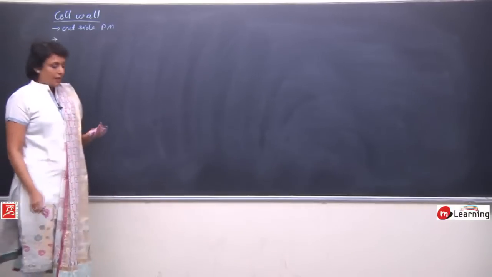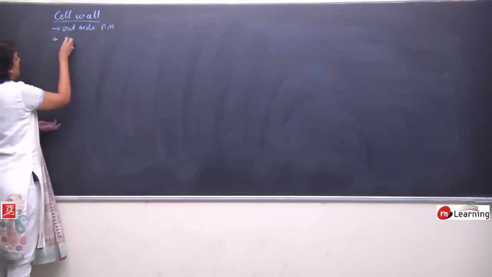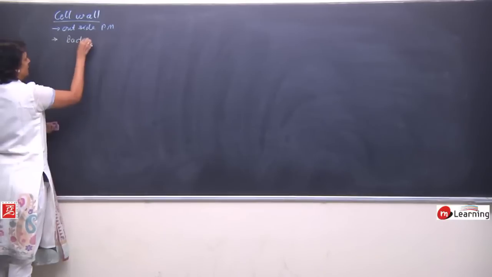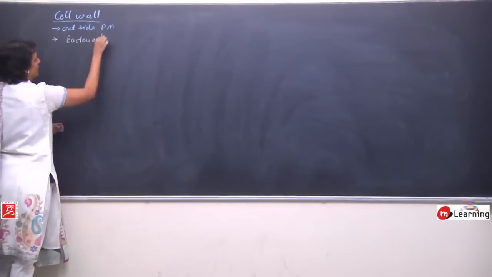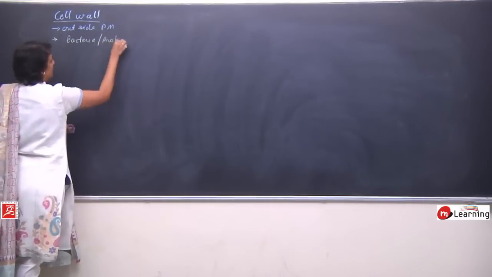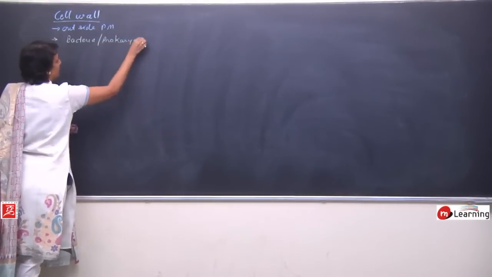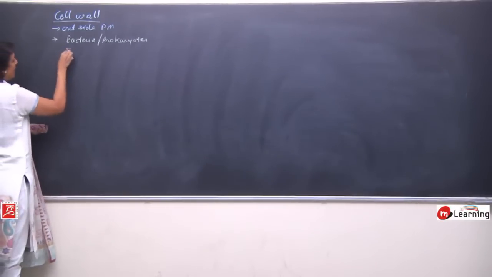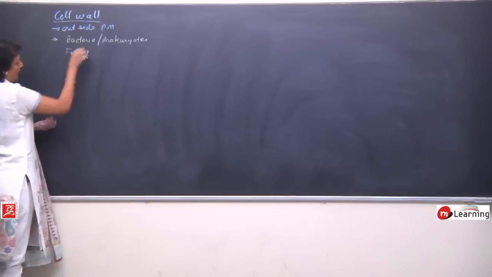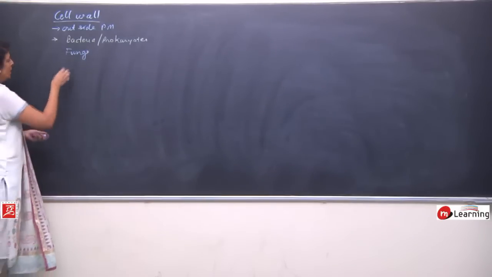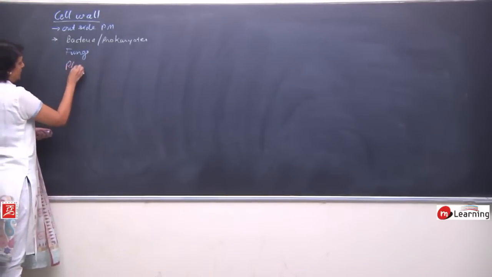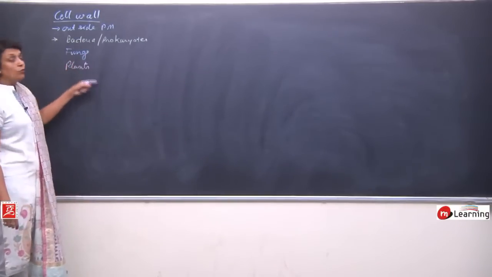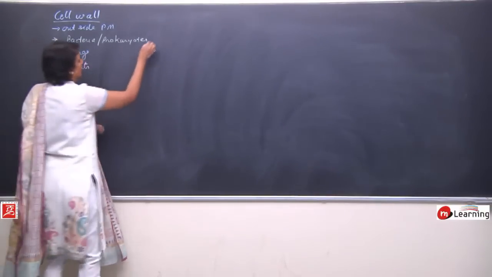Cell wall is present in bacteria or prokaryotes. It is also present in fungi and it is also seen in plants. The composition of cell wall in these three groups of organisms is different.